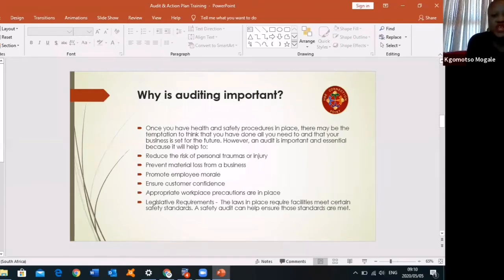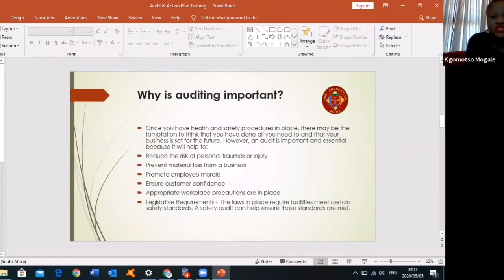If we conduct these audits, depending on the company and how they want to schedule them, maybe monthly, because most companies do them monthly, each and every month we conduct the audit so that we can see if the system that we have is working.